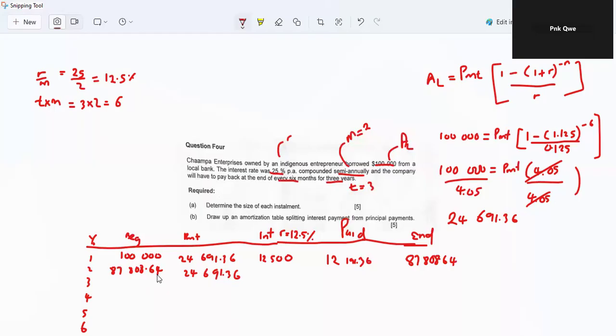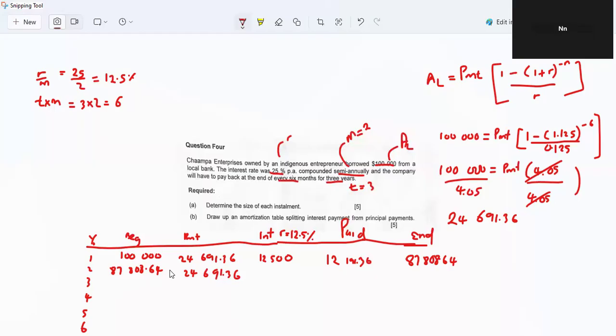Then what do we do? We multiply the interest rate times this amount: 0.125 times 87,808.64. Are you following the flow?